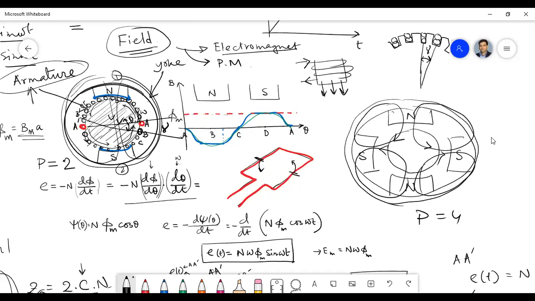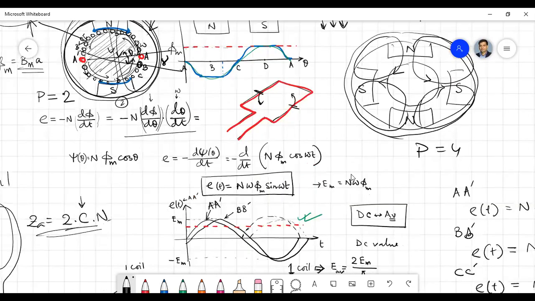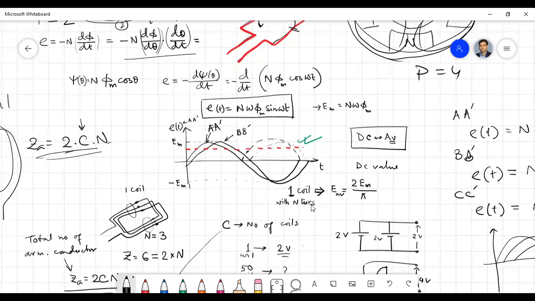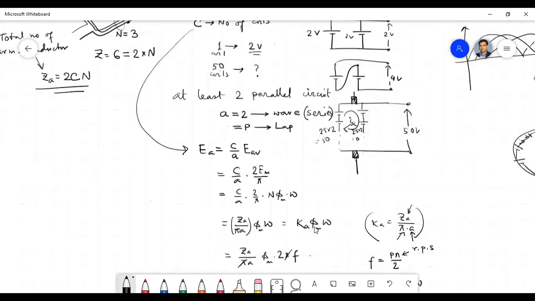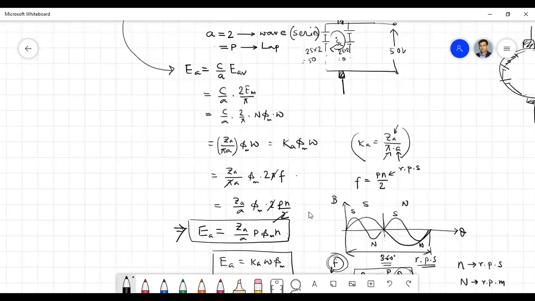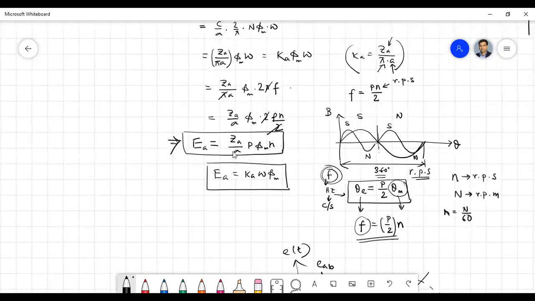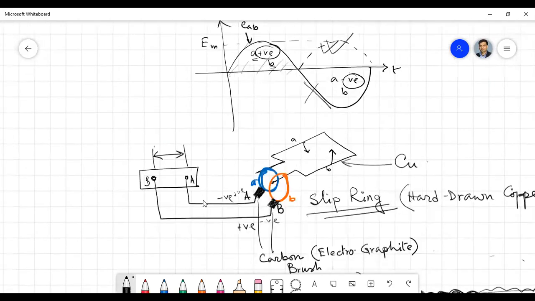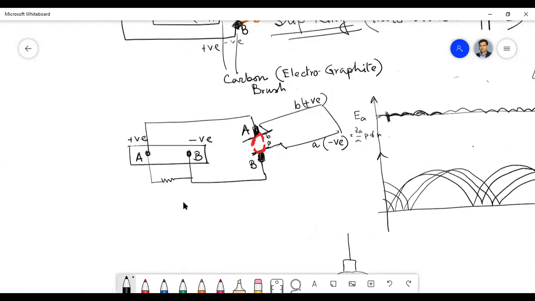Have you understood this point? Okay, so one thing is clear, that in a DC machine we have two coils. One coil is called the field coil, another is called the armature coil. The armature coil actually carries the current, and the field coil carries a very small current only to produce the magnetic field.